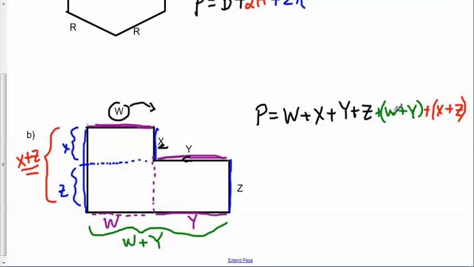Now this is really long and drawn out, so let's see if we can tidy this up a little bit. Let's see if we can simplify. So P, the perimeter, equals, well, let's start with this W. So we've got this W here, and we want to scan through and say, do we have any other W's? Now we should probably be a little careful. We don't want to be adding things that are still inside parentheses. But notice that all of these just have a plus sign outside.